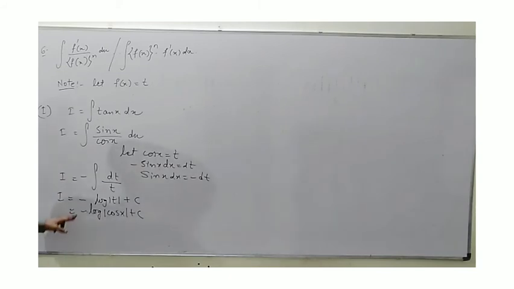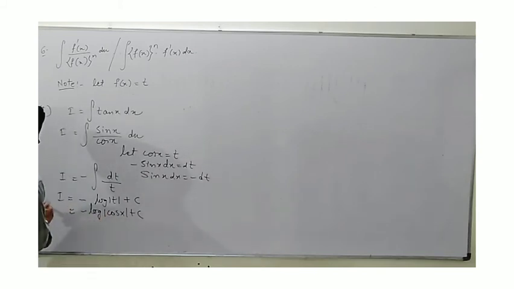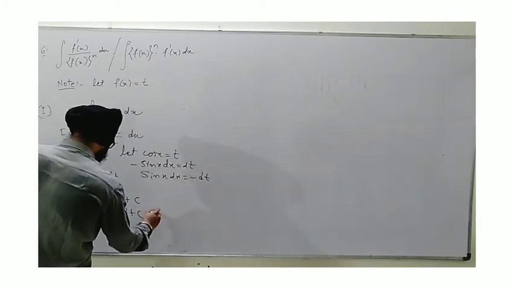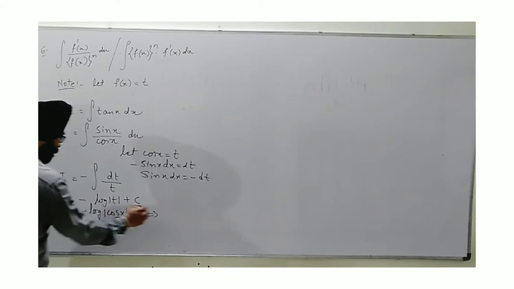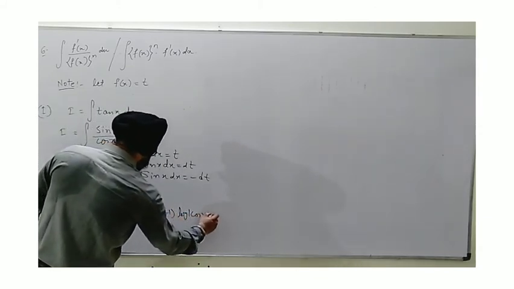Yeah, one more additional thing. This is used as minus log mod cos x, but using the property of log, this is minus 1 times log mod cos x plus c. So I can further solve it: one form is what we use as the formula, or this further can be written as minus 1 log mod cos x plus c.